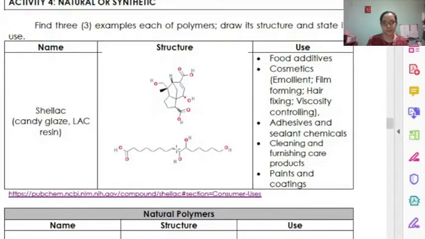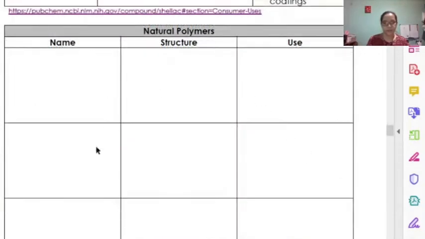I've given an example which is shellac, or its common name is candy glaze or lac resin. This is its structure. So it can be heterocyclic or it can be a chain. And then these are its uses. Put your answers in the given boxes.